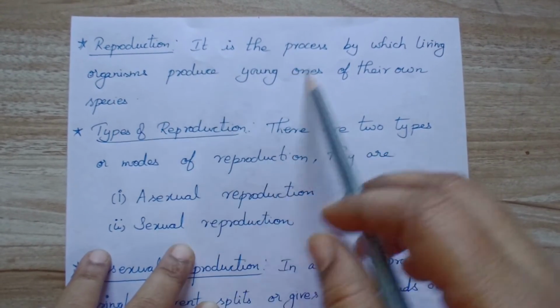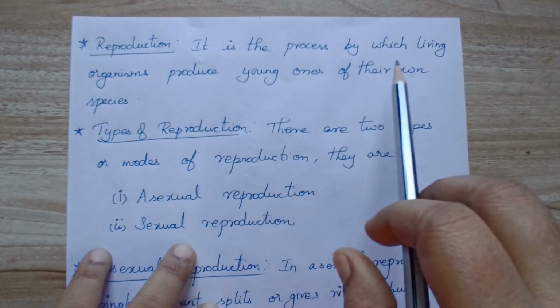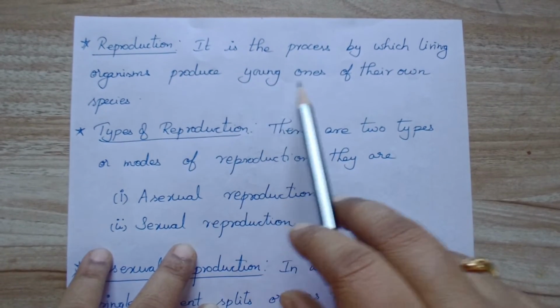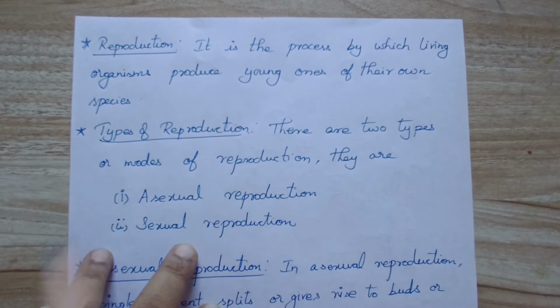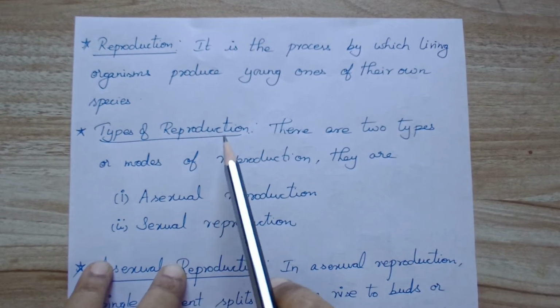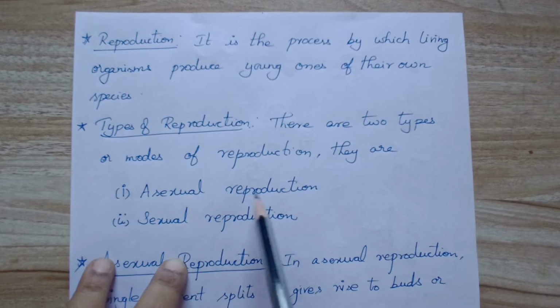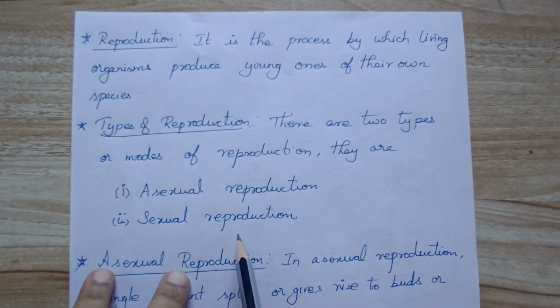After that, we'll have types of reproduction. You know what reproduction is: it's a process by which living organisms produce young ones of their own kind or own species. The two types of reproduction are asexual reproduction and sexual reproduction.